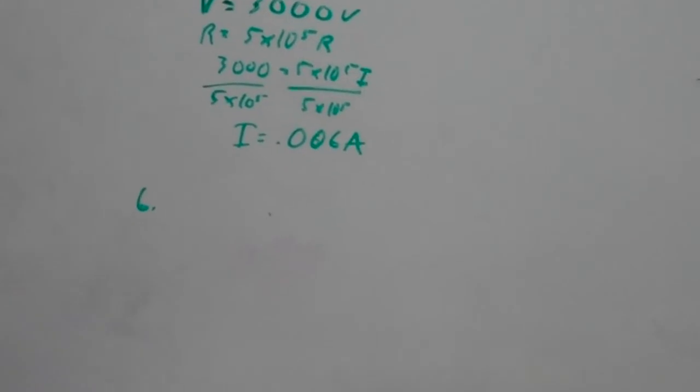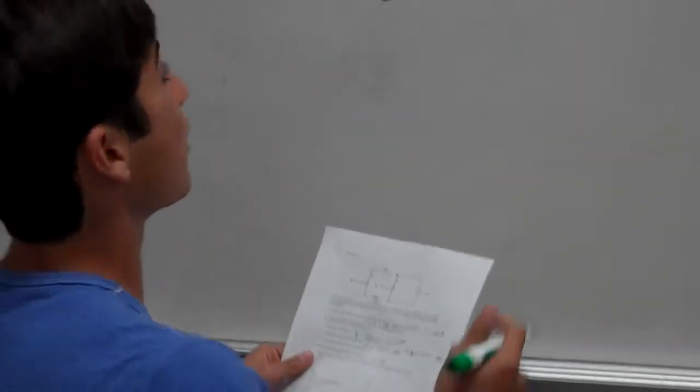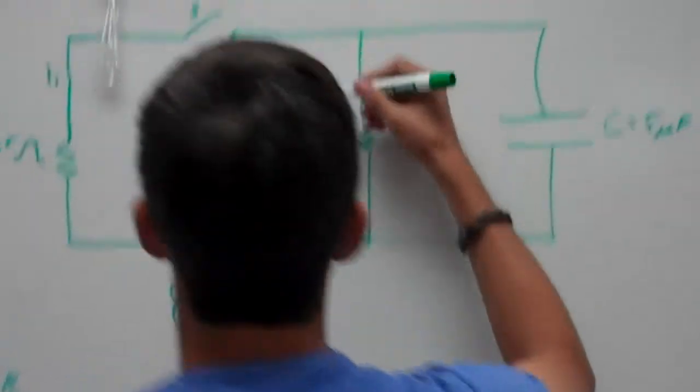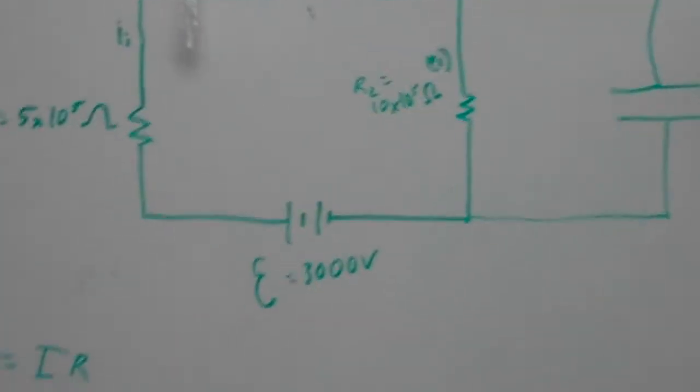Part B. On the axis below, sketch the potential difference V2, which is the potential difference across the resistor 2, so we'll have a little V2 right there, as a function of time.